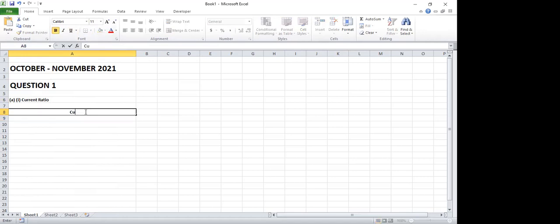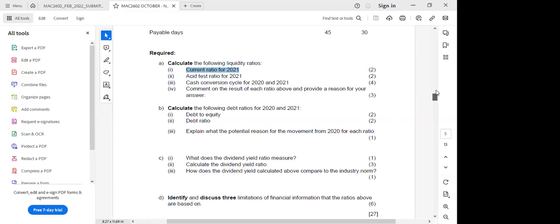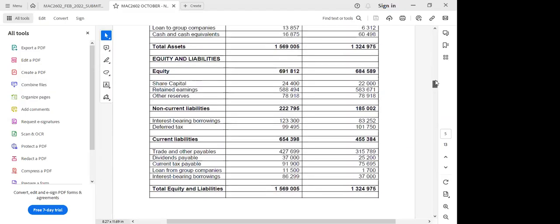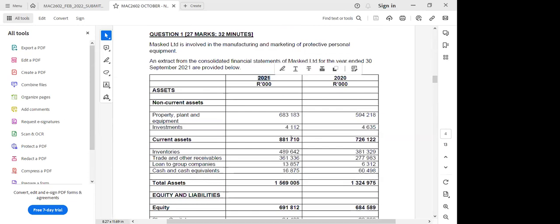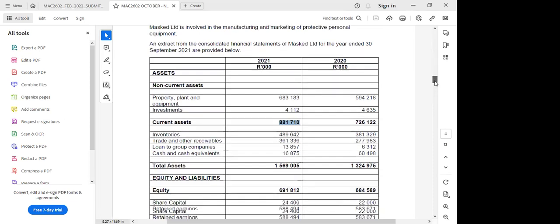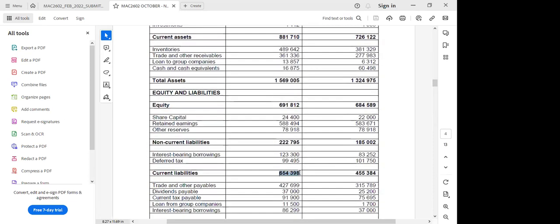It measures the extent to which our current assets can cover the current liabilities. If we get here, this is for 2021. Our current assets are given here, 881,710, and our current liabilities are also given here, 654,398. So we divide those two figures.